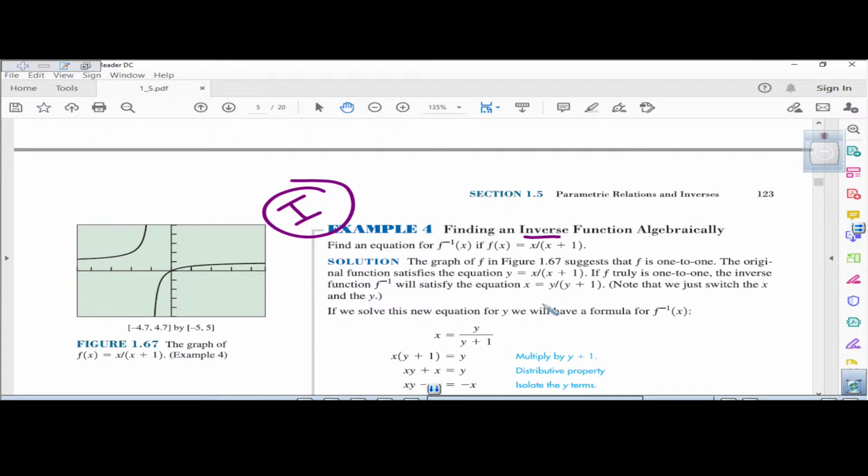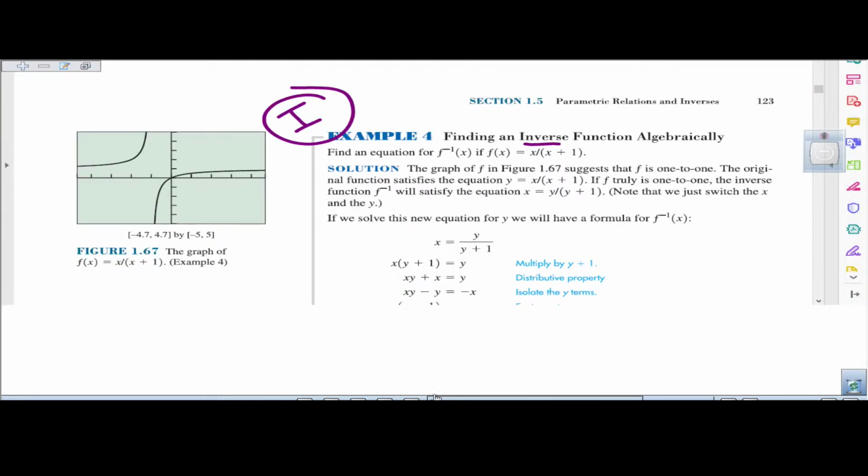I'm going to start with an easier example than what the book started with here. The one I'm starting with is going to be linear. Get yourself ready for some notes. I have some steps for you to write down to find the inverse algebraically.